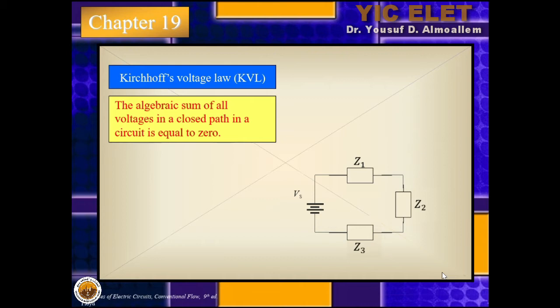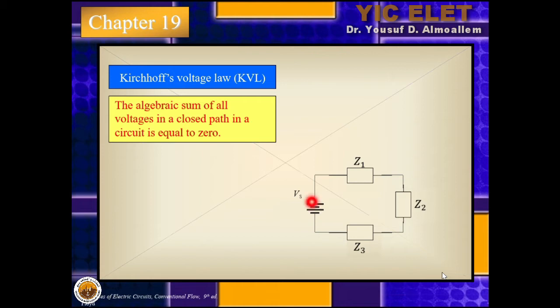Okay, the first part of these laws is talking about the voltage. The Kirchhoff voltage law, which we normally call KVL, says the algebraic summation of the voltages in a closed loop path in circuits is equal to 0.